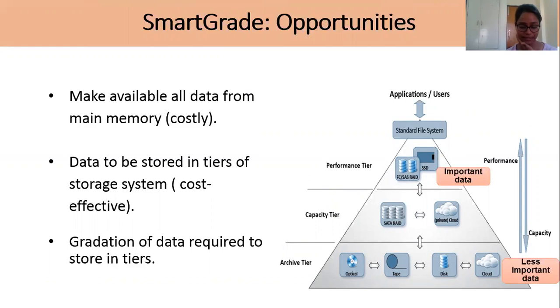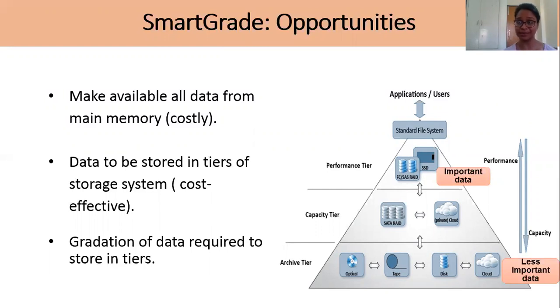And if you go towards the last tier, that is hard disk, it is not expensive, and there is a lot of storage capacity there, but it is really slow as compared to the performance tier. So now we are trying to say that okay, the best option for the application is to make all the data available to them in the main memory itself.